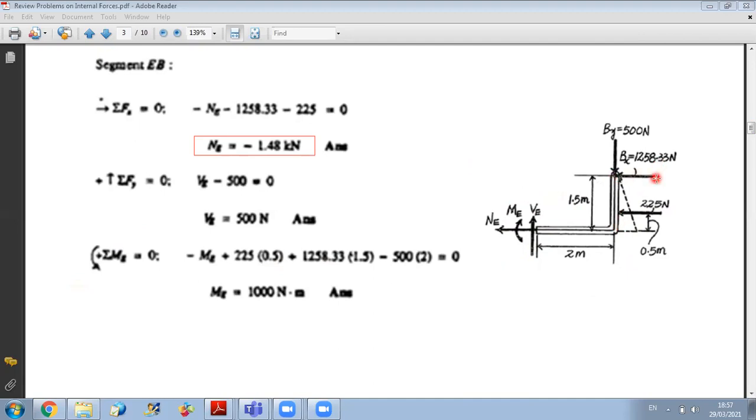For Bx, also a counterclockwise moment, so it's plus Bx times this distance, which is 1.5. And finally By is rotating clockwise, so it's a negative moment: minus 500 times the distance to the line of action of By, which is 2 meters. This equation will give me the value of the bending moment at E.